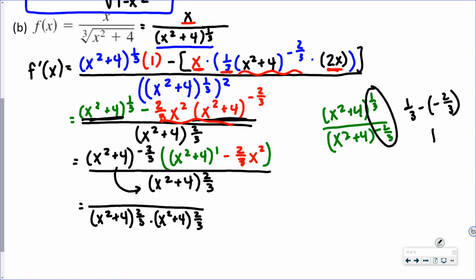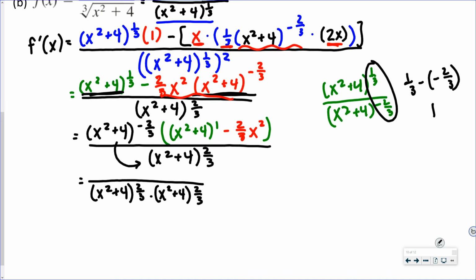And I can multiply those and do what with these powers? Add them together. Add them. Yep, same base. That's exponent property. Same base, add the powers. So I can make that x squared plus 4 to the 4/3. Okay, that's just kind of my denominator. I'll come back to my numerator in a second.